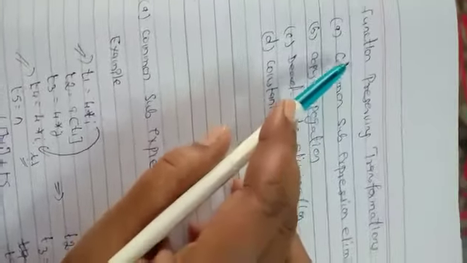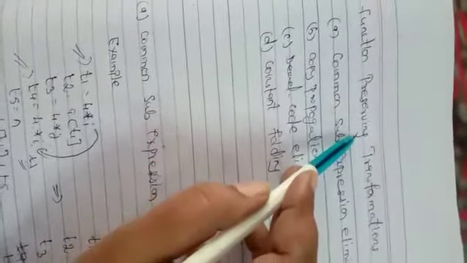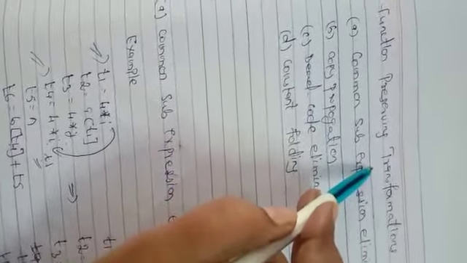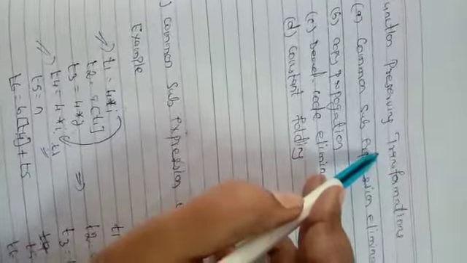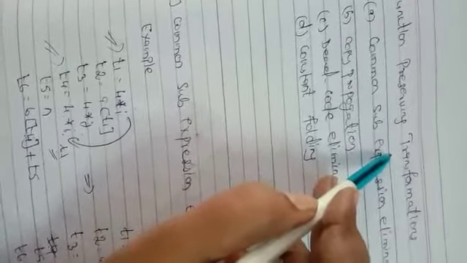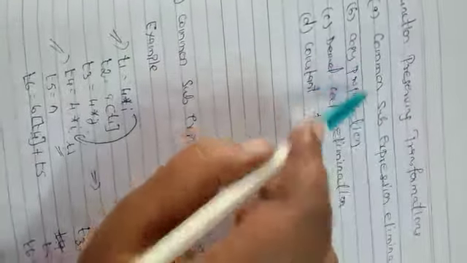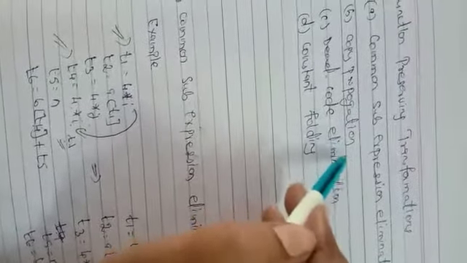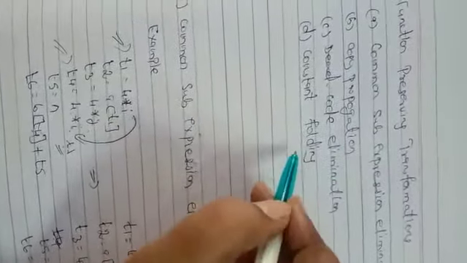Okay, so these 4 methods are called function preserving. So what is function preserving? Function preserving means local optimization in the basic block. How does it optimize the code locally? Using 4 methods: common subexpression elimination, copy propagation, dead code elimination, constant folding.